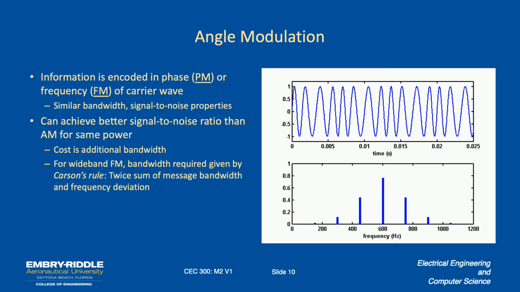I can't remember what the upper frequency is on the FM scale. You've listened to AM radio and FM radio probably, even if you do most of your listening over the internet these days, and you know that FM gives you better signal-to-noise ratio. You have almost perfect clarity of signal until the signal degrades, and then you have nothing. Whereas in AM, you just get noisier and noisier as your signal gets worse and worse. So you get better signal-to-noise ratio, but it's at the cost of bandwidth.